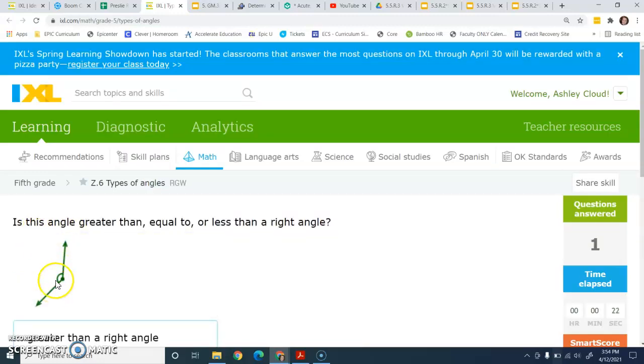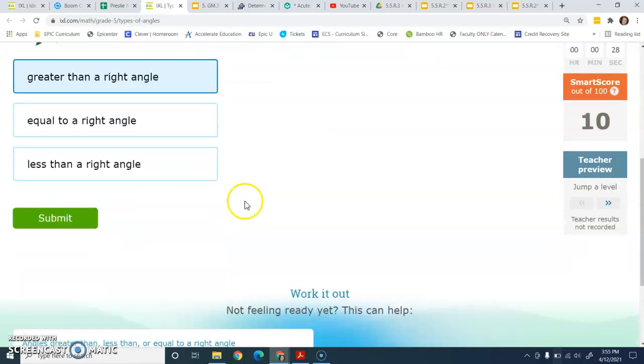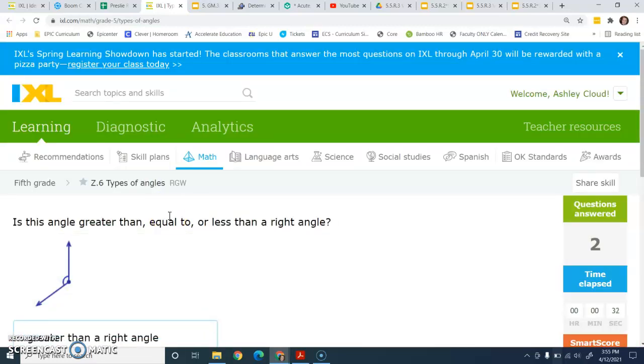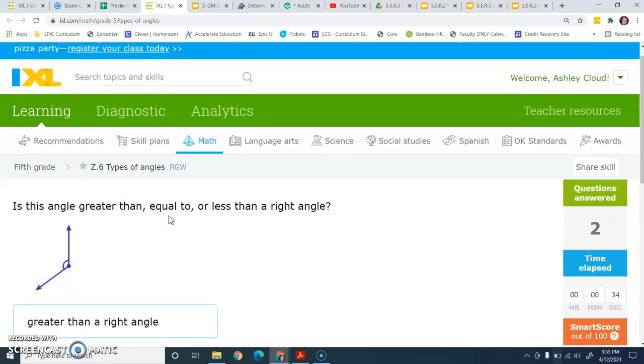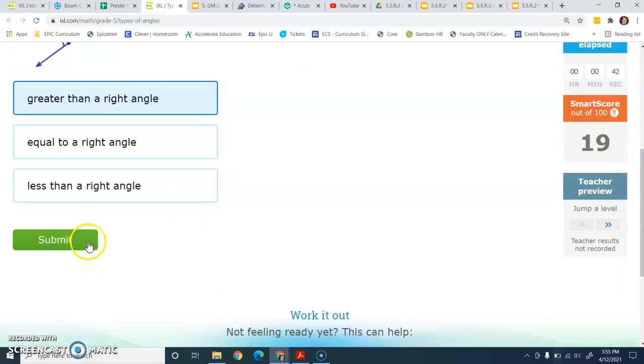This one, it looks like our mouth is open, okay? So it's greater than a right angle. Is this angle greater than, equal to, or less than a right angle? Remember, your right angle makes that L, so this one goes a little bit further than the L. That's going to be greater than a right angle.